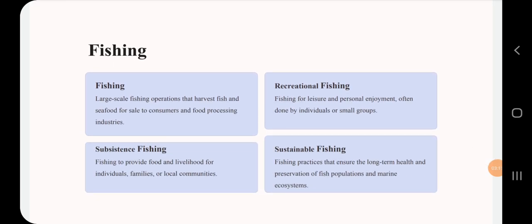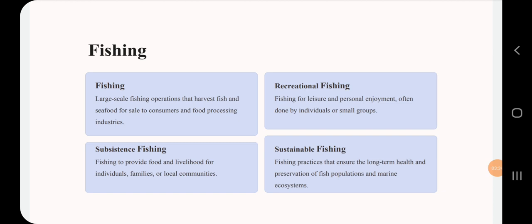Fishing. Large scale fishing operations that harvest fish and seafood for sale to consumers and food processing industries. Recreational fishing. Fishing for leisure and personal enjoyment, often done by individuals or small groups.